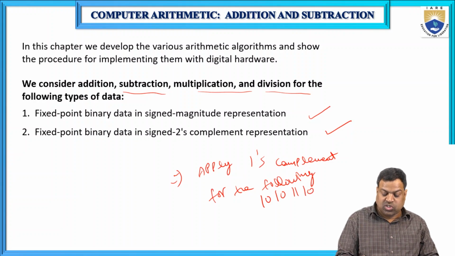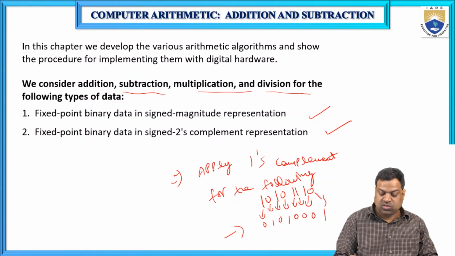Ones complement means in place of 1 we take 0, and in place of 0 we take 1. So it is the ones complement result.